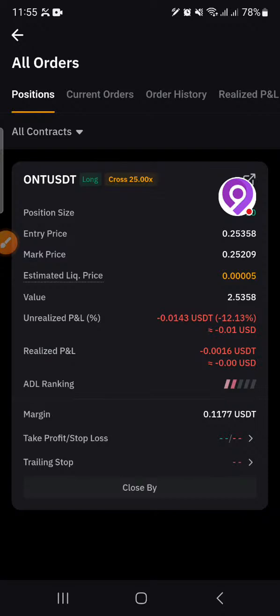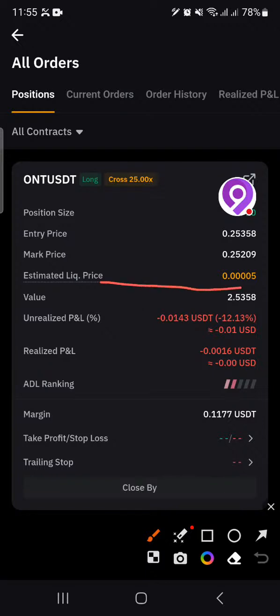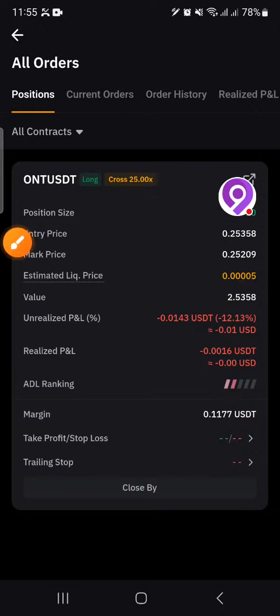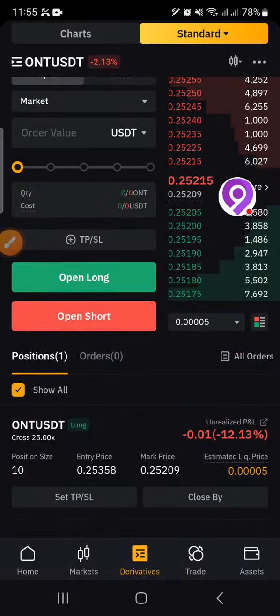So let's add, because of the position. While we are doing this, where is the liquidation? See, it's more or less like it doesn't even exist. So we don't have issues on that.